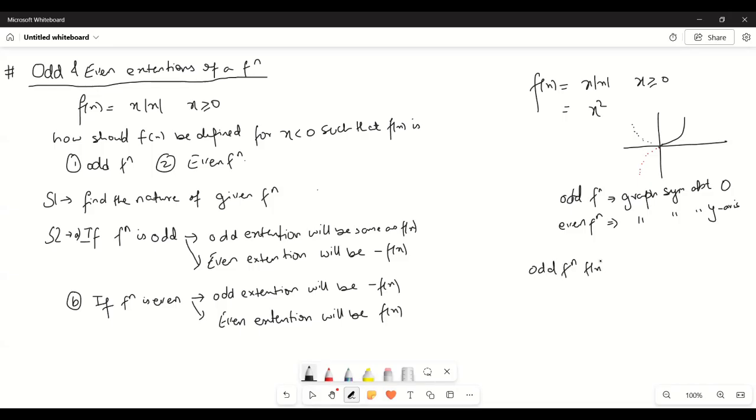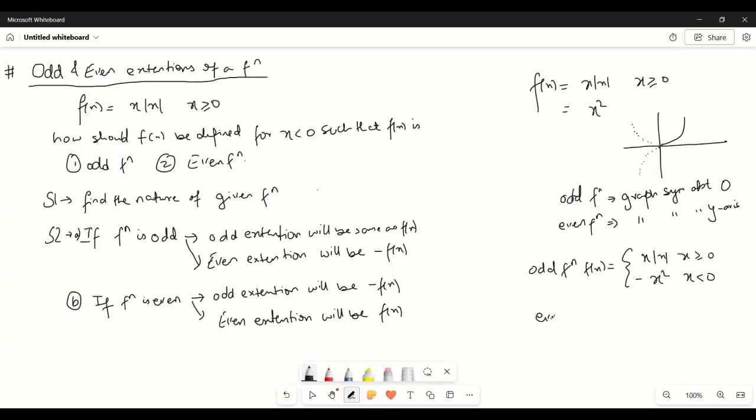the odd function f(x) will be defined as x mod x for x greater than or equal to 0 and minus of x square for x less than 0.